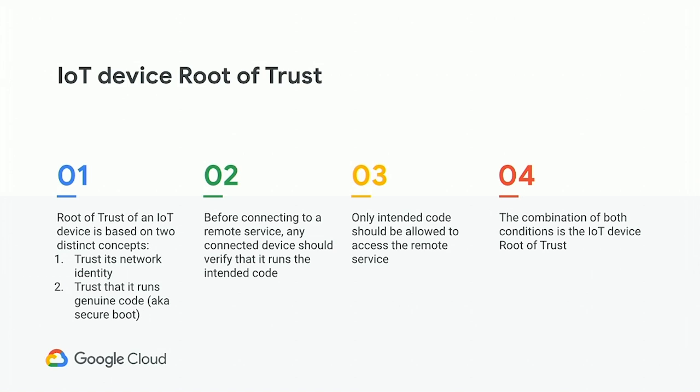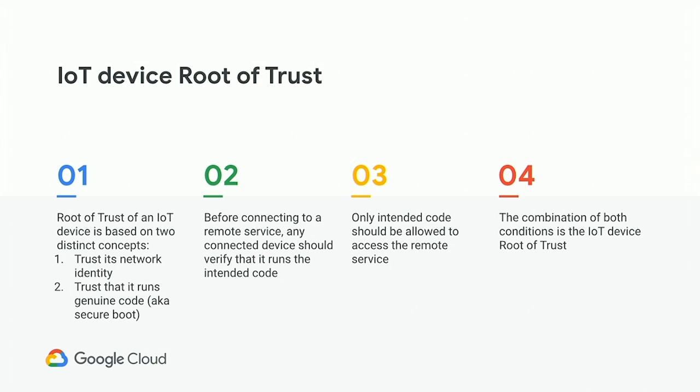Now, with that in mind, when you're designing a connected product, you will need to build it with a root of trust. Many people are using the concept of root of trust. So what does that mean for an IoT device? For an IoT device, root of trust typically means two things. You need to make sure that the device runs genuine code, so code that is supposed to be running, and also that the device is connecting to the service it's supposed to be connecting to.